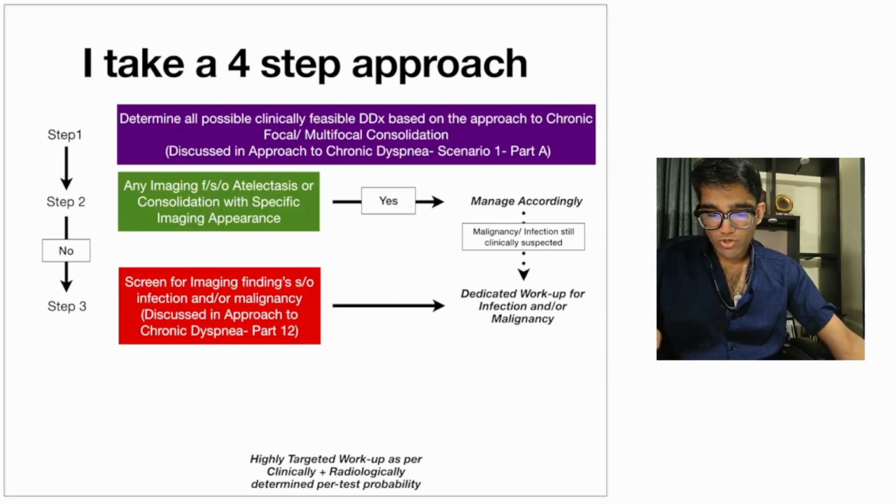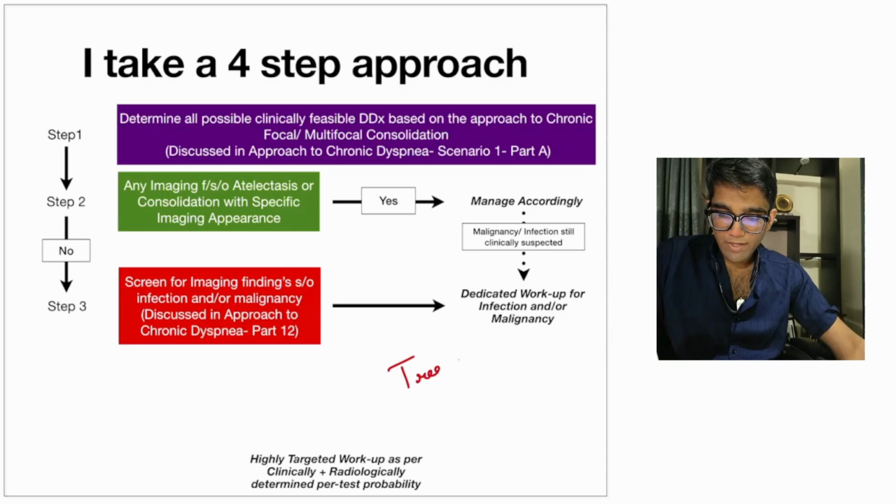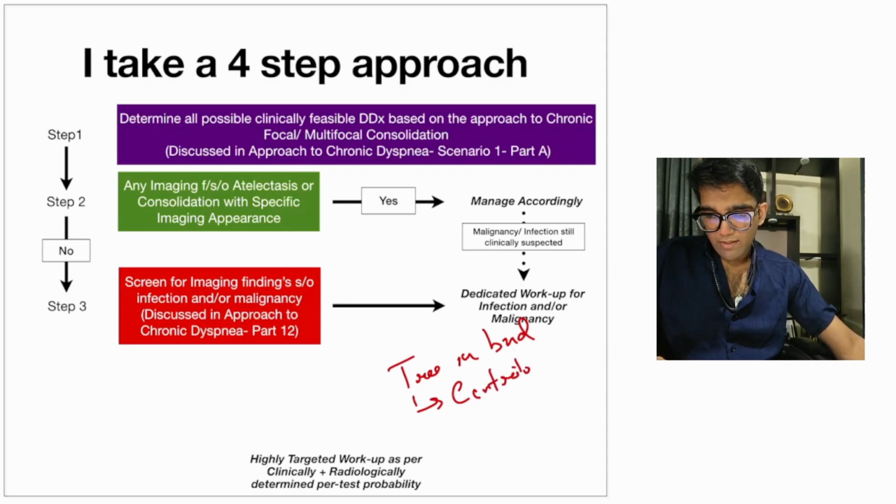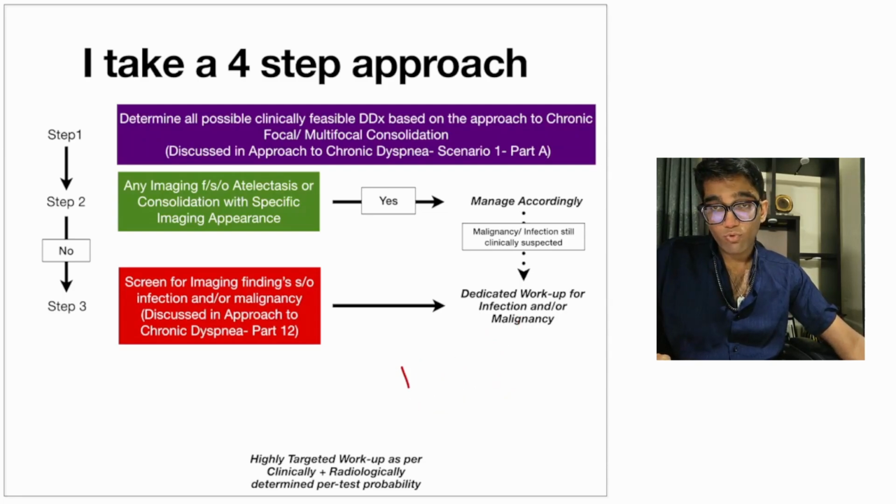Now just to jog your understanding, what would be features that are suggestive of infection? That would be a tree in bud pattern of nodular interstitial opacities. Tree in bud is just a derived variation of our centrilobular pattern. And we discussed that infections, particularly bacterial infections, pass through 4 stages.